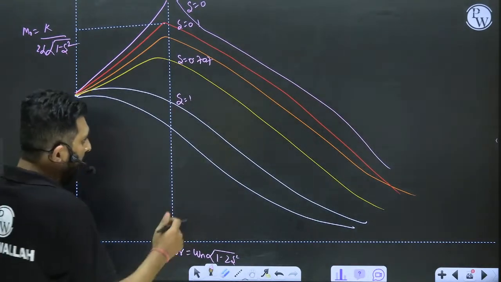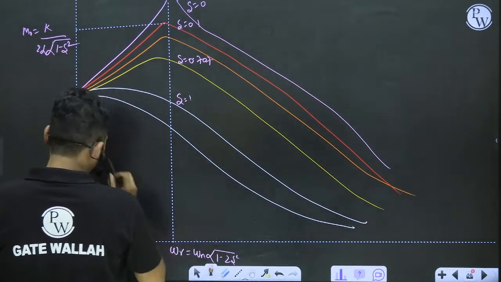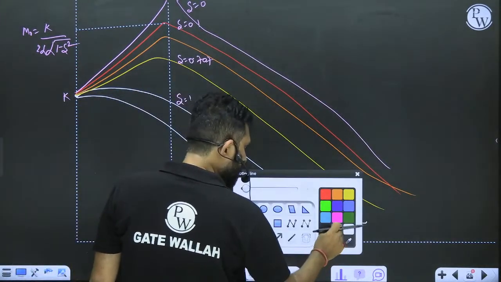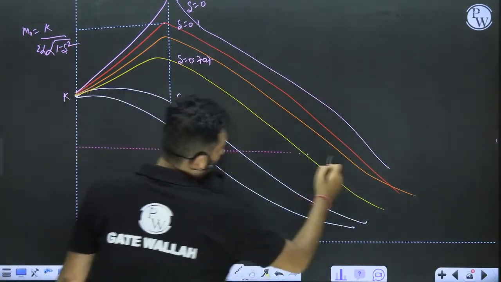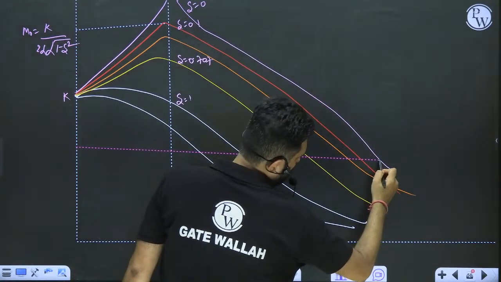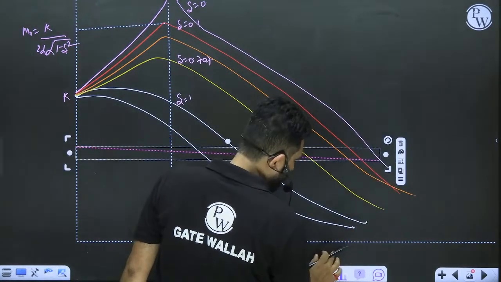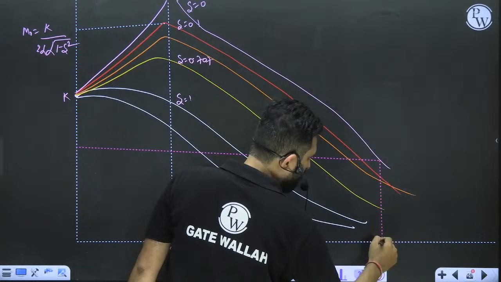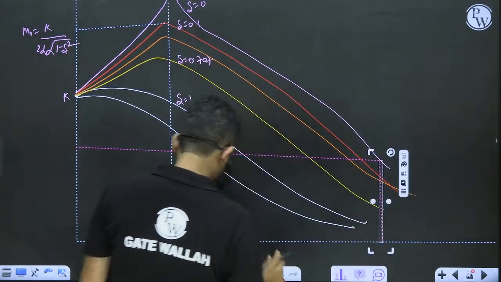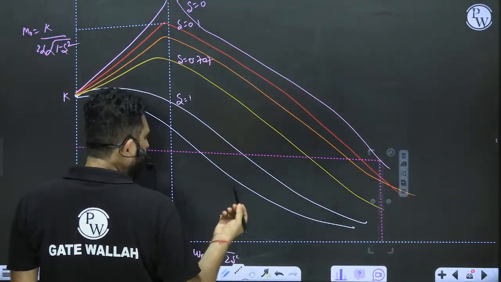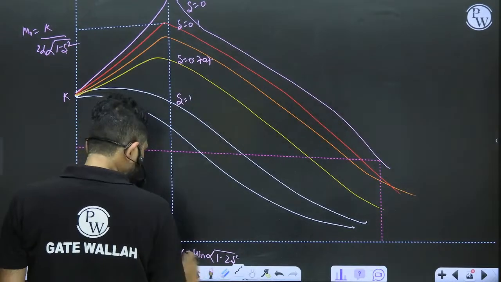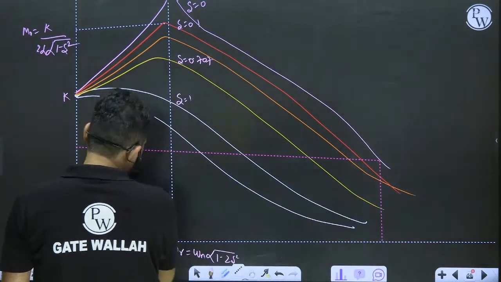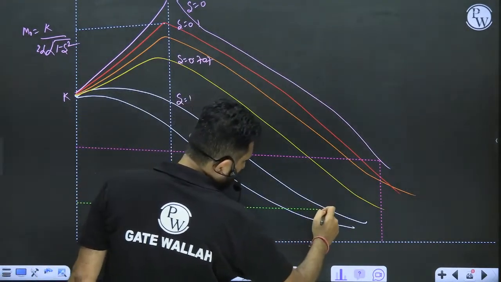Next thing is that we have evaluated the bandwidth. This is the bandwidth for this section. Let's call it zeta equal to 1.